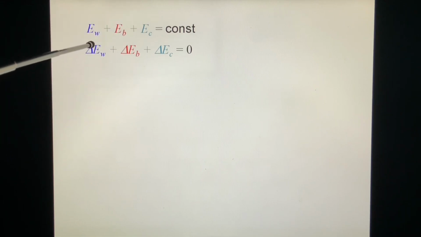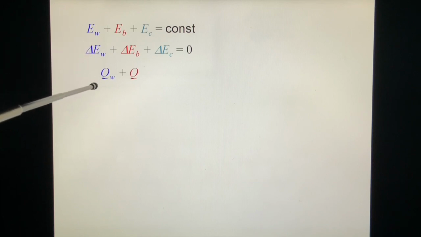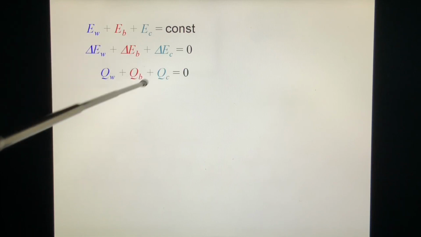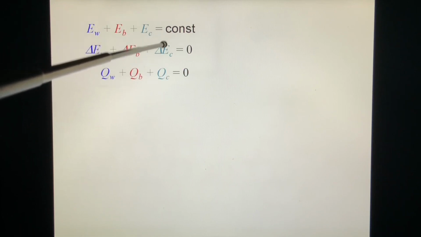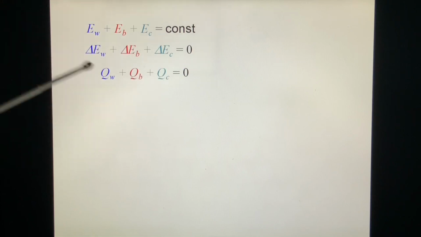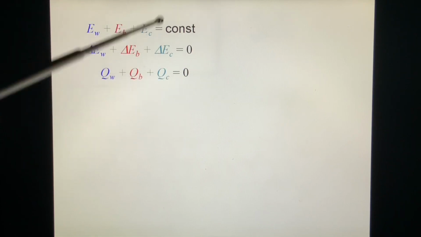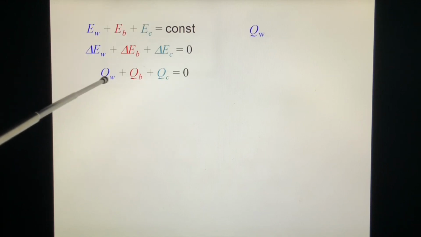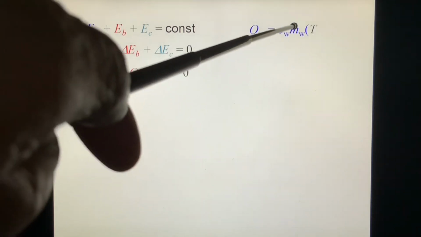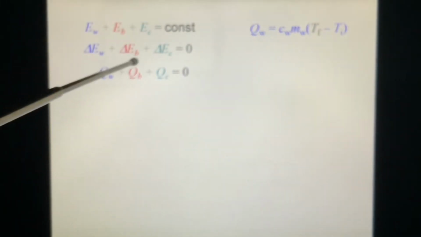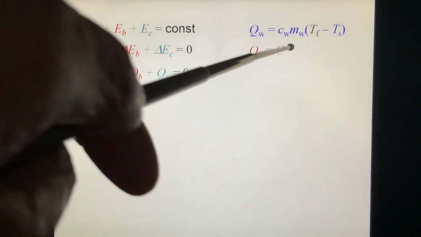So this is water, it absorbed heat. This is the beaker, it absorbed heat. This is the copper, it released heat. So anyway, this put together is zero. And what is Q_W? Q_W equals C water times M water times T final minus T initial. What is Q_b? It is C_b times T final minus T initial.